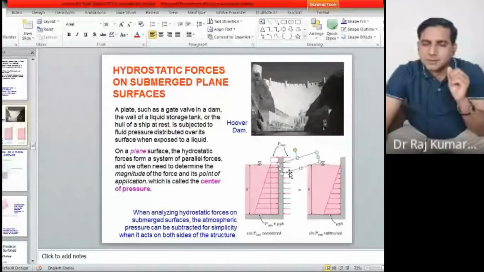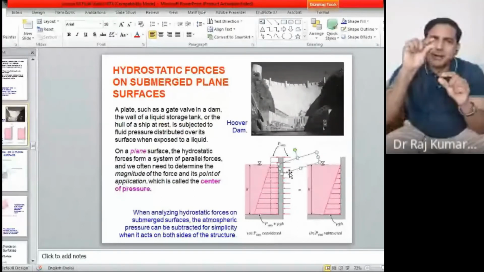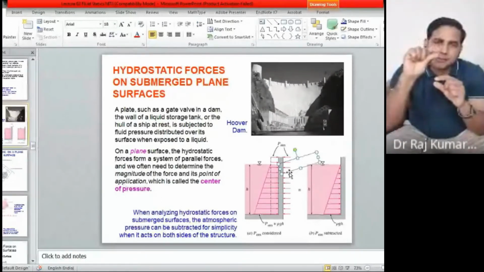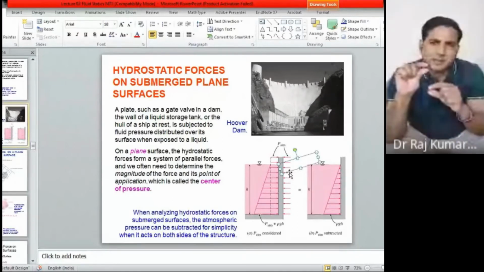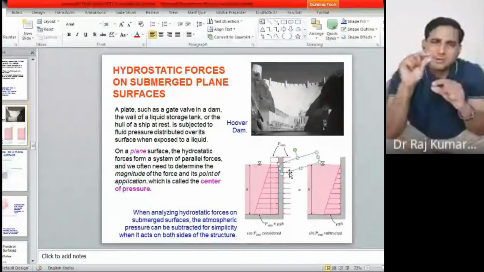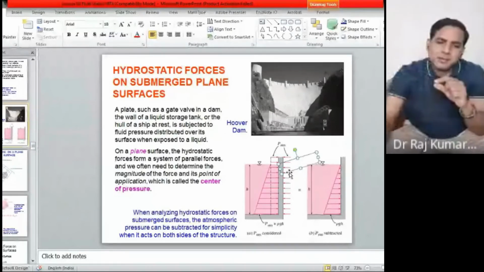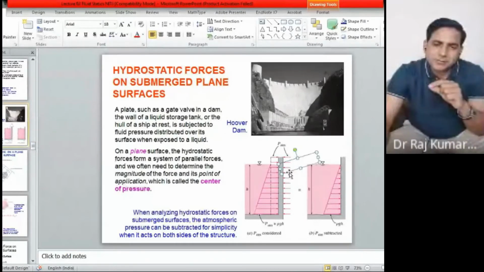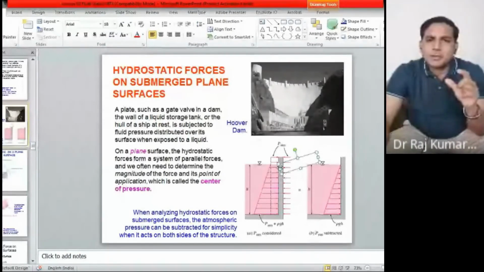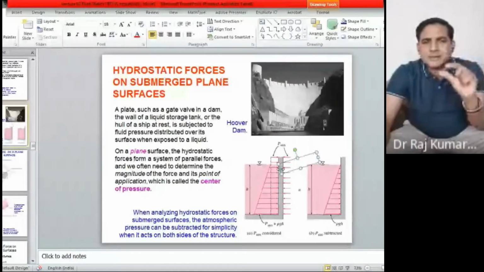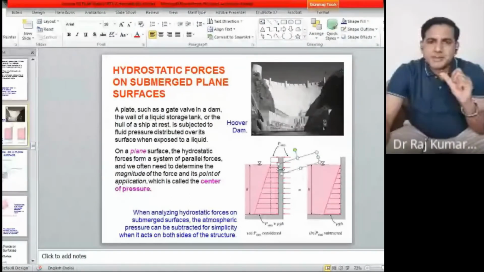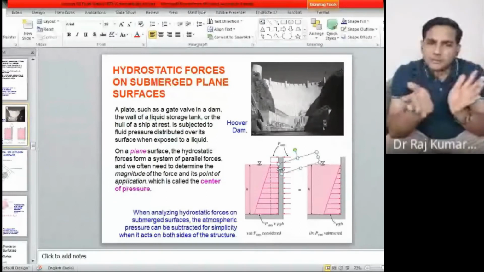So dy is the differential change in height. If you change the differential height, the pressure will not change much. So in the differential y, in this particular figure, the pressure is not changing much. So you can say the pressure intensity is the same. So pressure multiplied by area will give you the force.